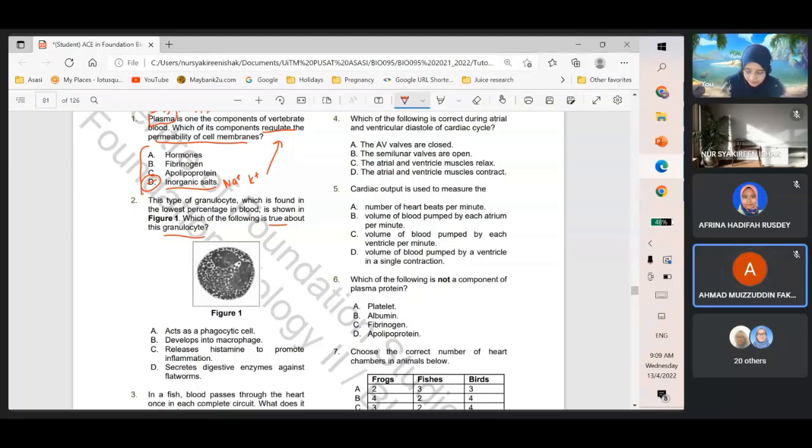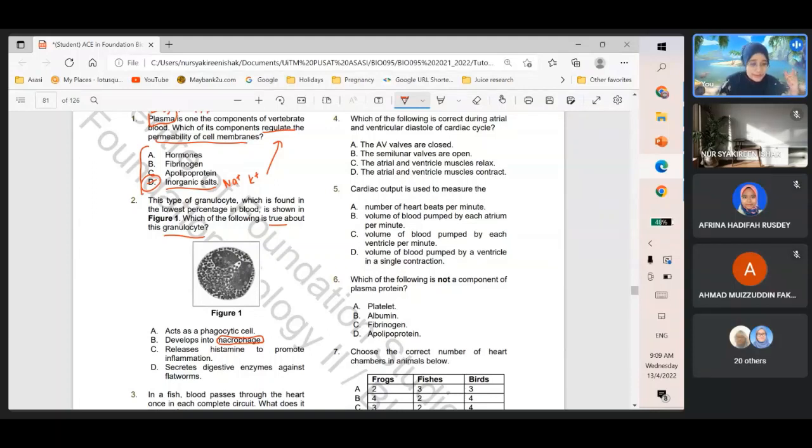Okay, kalau kita tengok, kita dah belajar itu kan, jenis-jenis blood cells. Okay, kita ada red blood cells obviously to involve in the transportation of nutrients and also respiratory gas, and then kita ada white blood cells which involve in cell immunity, okay, cell defense.